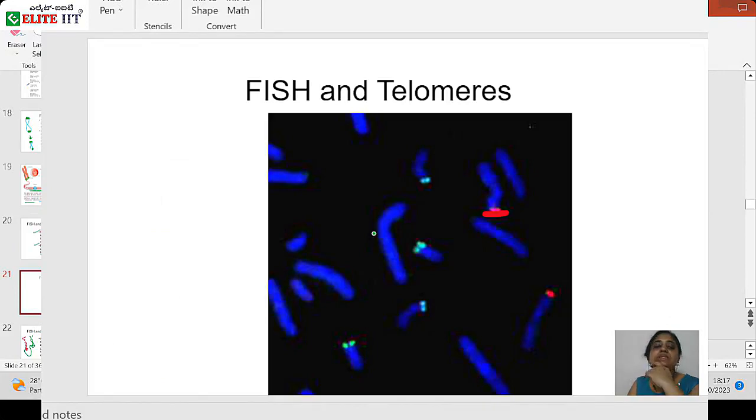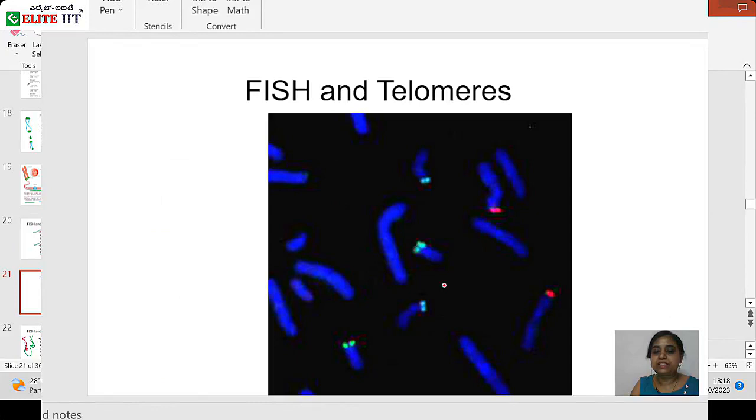Now, through the microscope, you can identify the telomere. See, different probes, different fluorescent compounds are given for the different regions. So in this case, red color is given, blue color is given, as well as green color is given. In this picture, you can see telomere means at the edge, the end part of the chromosome.